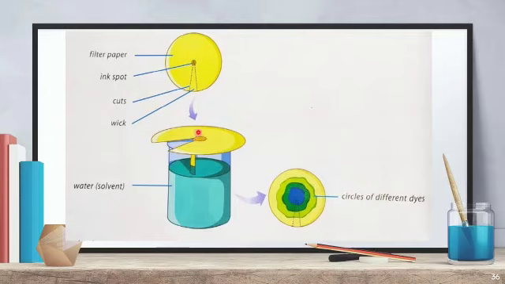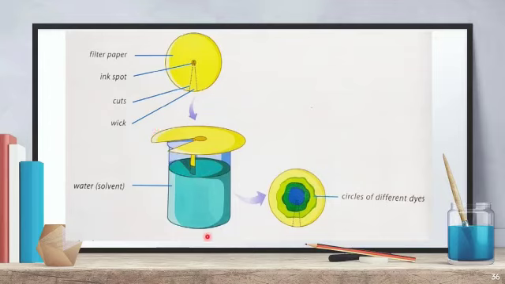You can see the wick here in the beaker. It is dipped inside a beaker of water or some other solvent. You can see here a blue part. The solvent soaks up the wick into the main part of the filter paper.